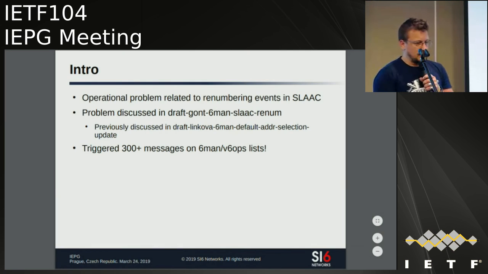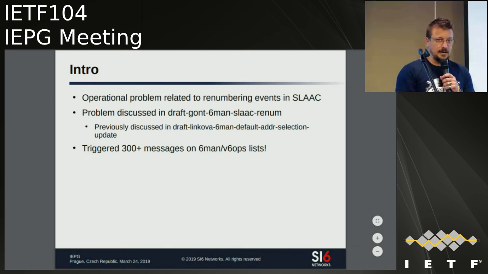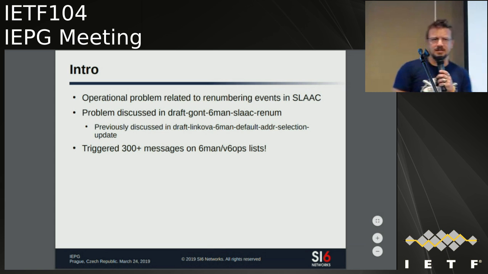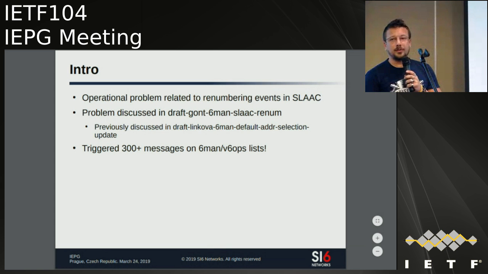So if you have been following the 6-man and the V6Ops mailing lists, this document triggered quite a lot of discussion. There were almost 300 or over 300 messages triggered by this document.